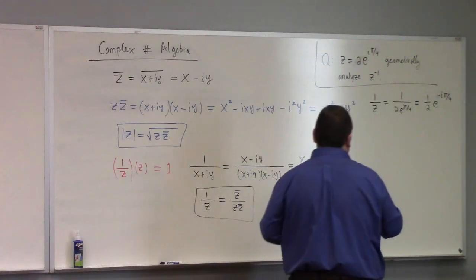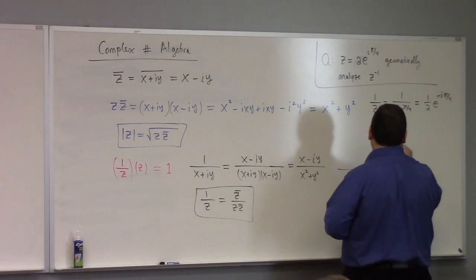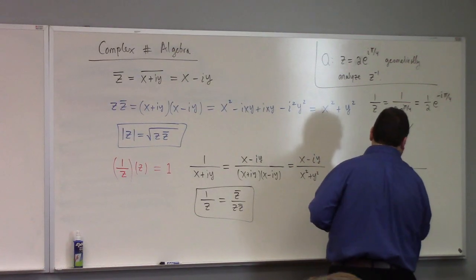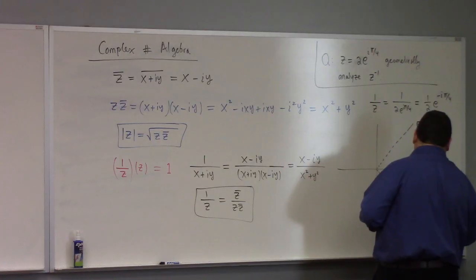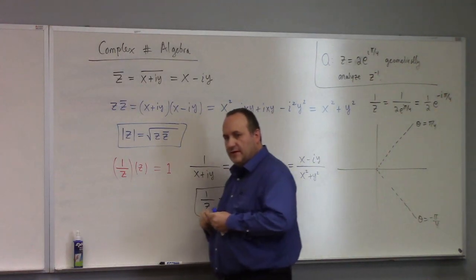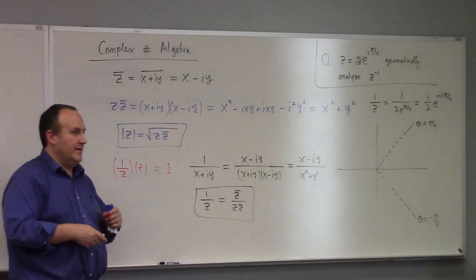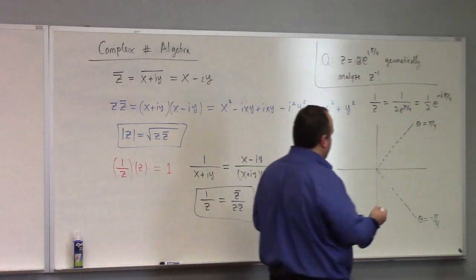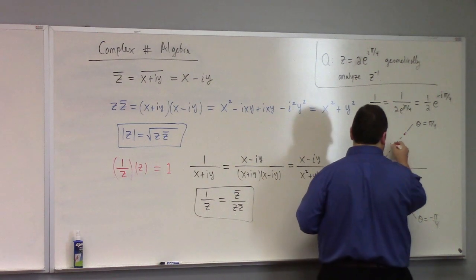So if I graph these, what happens, right, is the number originally is distance 2 from the origin, right?